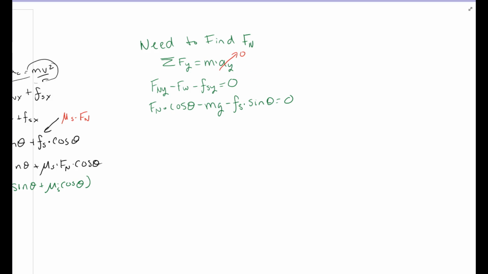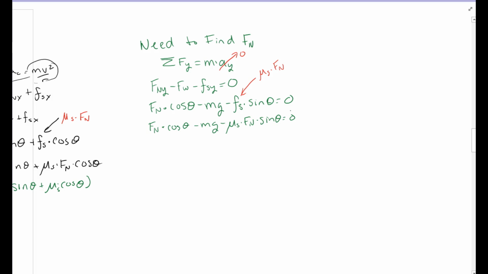Just a reminder, the force of static friction is equal to mu s times our normal force, Fn. That's not new; it's the same as before. We continue with some algebra to clean that up. So my Fn times cosine of theta minus mg minus mu s times Fn times sine of theta is equal to 0.